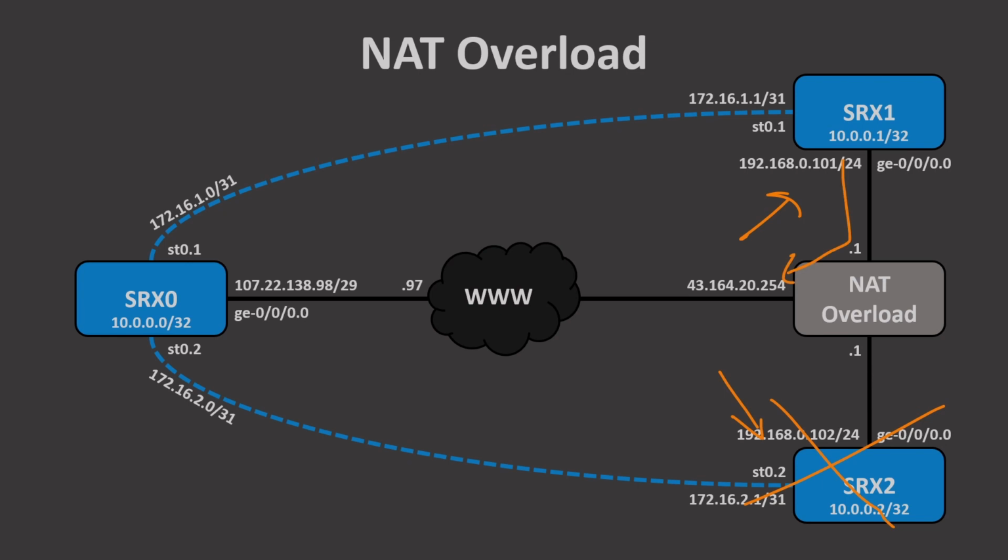If SRX1 is the only device being NAT overloaded to this IP address, and it's the only device sending ESP traffic to this IP address, what will happen? Will IPsec pass-through kick in, and will it just work, or won't it? And don't forget, because we just finished the dynamic NAT lab, SRX0 is still set up in dynamic mode. So let's just take a look and see what we got.